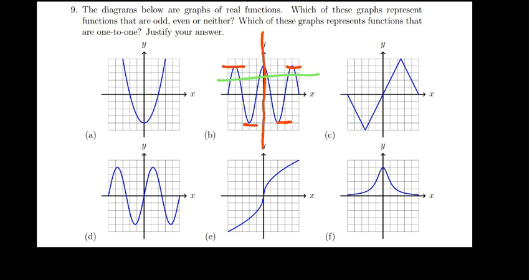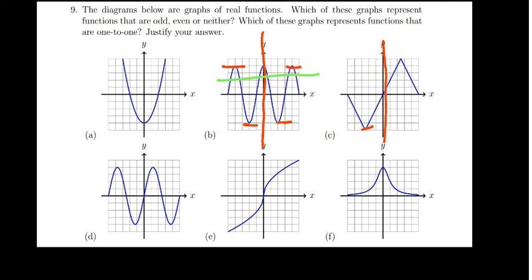If we go to C, if we observe about the y-axis, is this symmetrical? It is not symmetrical. What is on the left and the right are the same, but it's not a mirror image. It can only be an image if this part was to be on top like that.